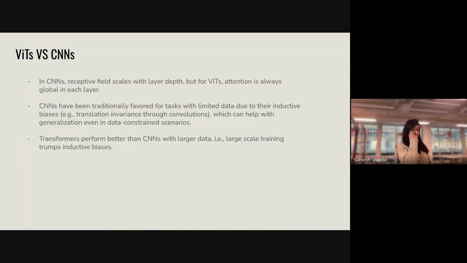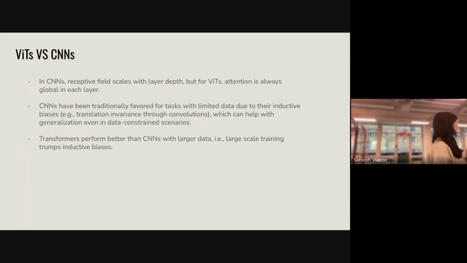So what is the difference between vision transformers and convolutional neural networks here? Well, the one thing is that in convolutional neural networks, the receptive field grows with the depth of the layers. But for vision transformers, because attention is always global, it's global in every layer.